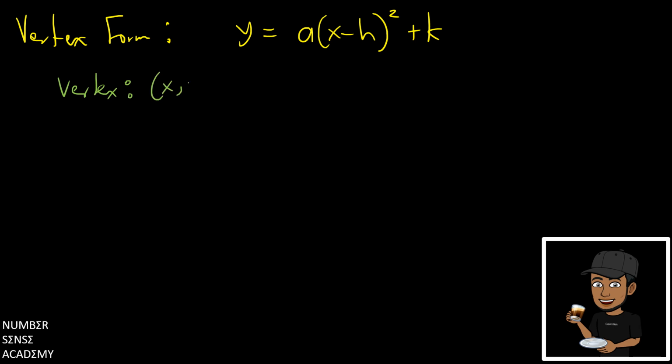So we have x and y, and x and y are equal to h and k. One thing I want you to notice is that in the equation here, we have a minus sign, but when we go to highlight the vertex, we only have h instead of minus h. That just means that whatever is in the equation, we take the negative of h. Keep that in mind.